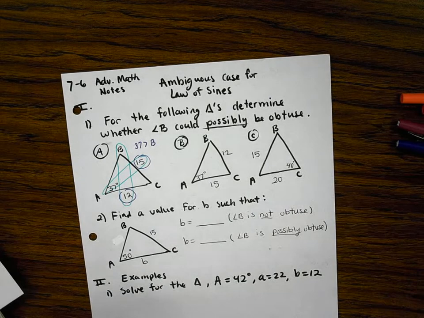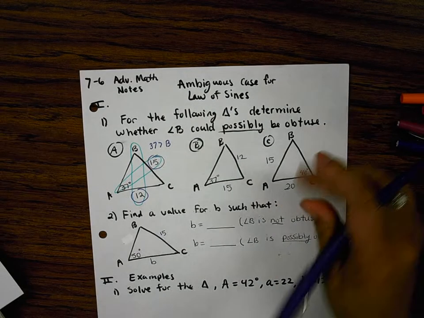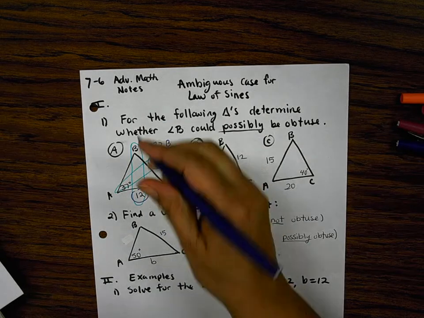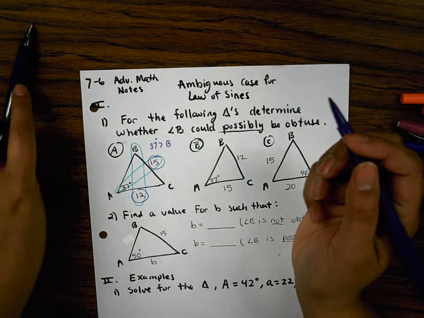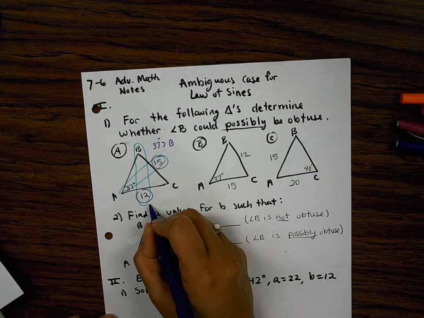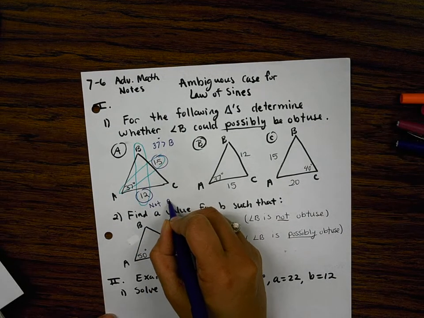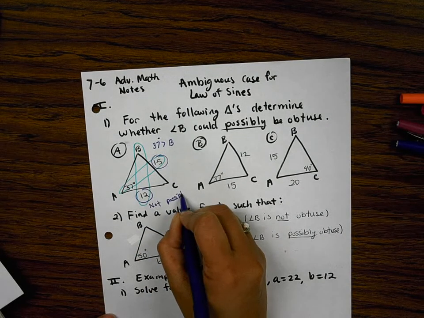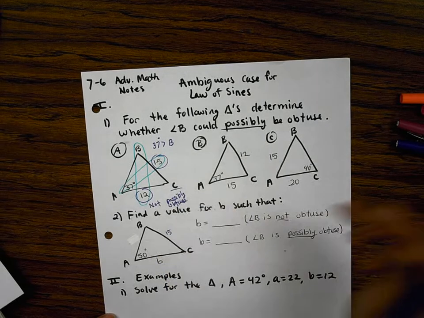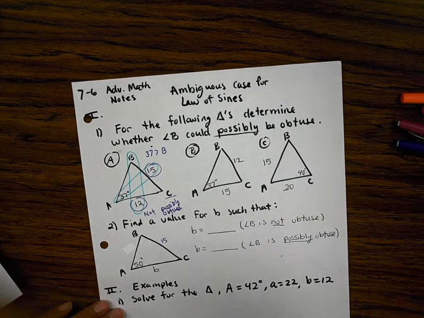So 37 is greater than angle B, which means there is no way that B is possibly obtuse. Obtuse means bigger than 90. If 37 degrees is greater than angle B, there is no way that angle B is possibly obtuse. So I'm going to just put down here, not possibly obtuse.